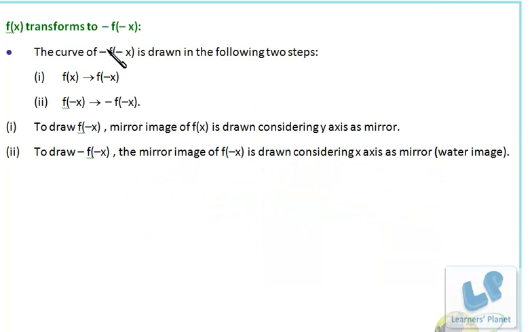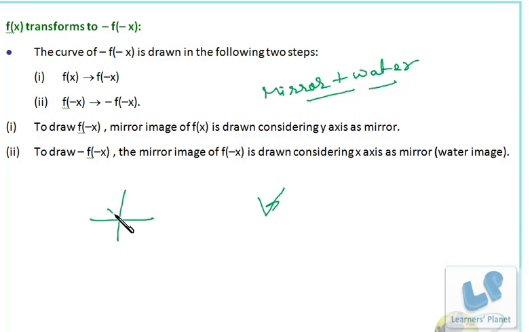Now this is f(x) transforming to minus f of minus x, that is mirror plus water, right? I have already told you this, I just show you once again. This is f(x). I draw f of minus x, lateral inversion, or we can say horizontal inversion.